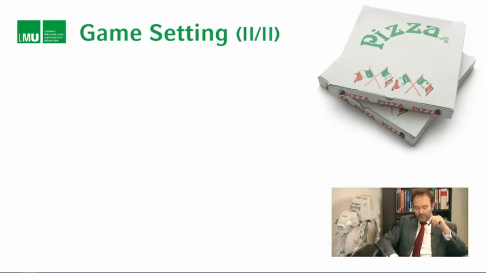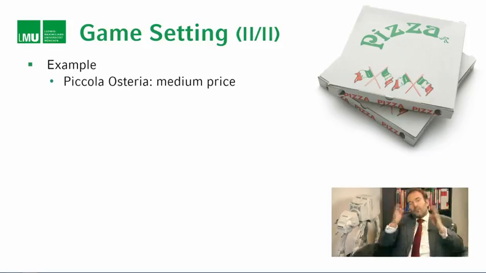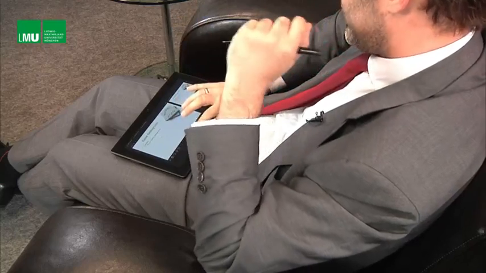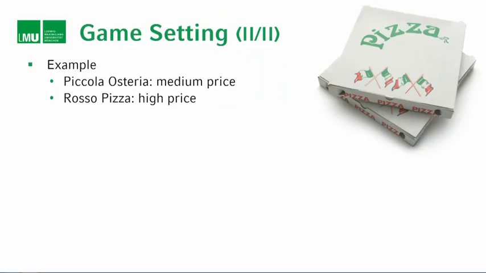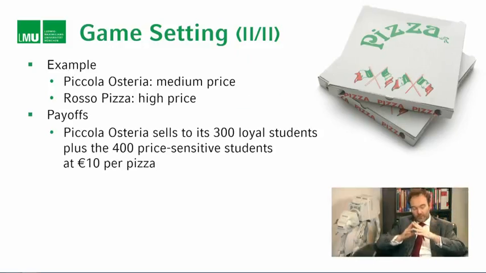Let's now look at payoffs as an example. We just assume that there's no cost of producing pizza, so the 10 euros or 12 euros are basically gross profit margins. So if Piccola Osteria charges a medium price and Rosso Pizza charges a high price, then the payoff for Piccola Osteria is that they sell to their 300 loyal students, plus the 400 price-sensitive students, because they will go for the lower price.